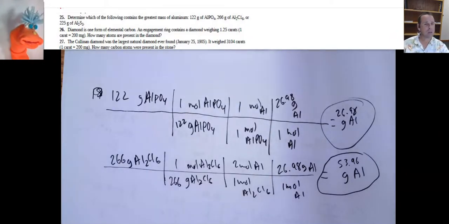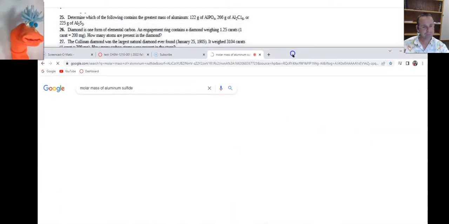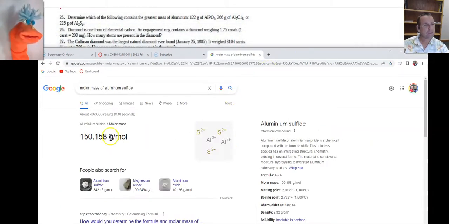And in the third scenario, it's aluminum sulfide. Let's just double check here. Molar mass of aluminum sulfide. So that is 150.98. Let's double check the Al2S3.